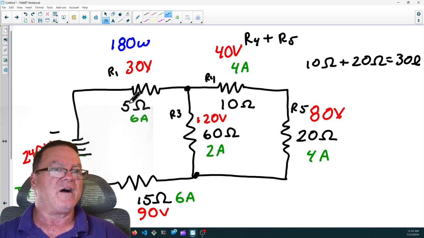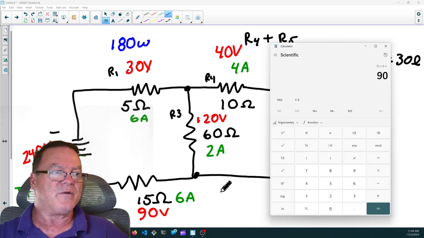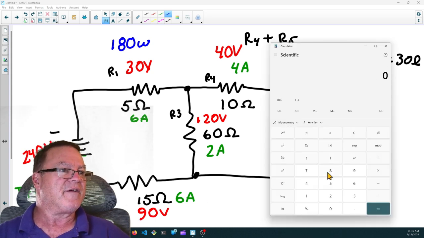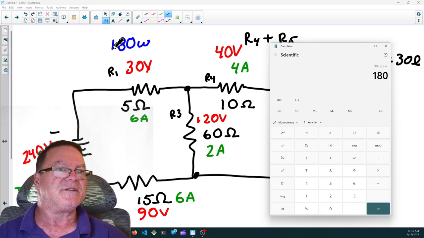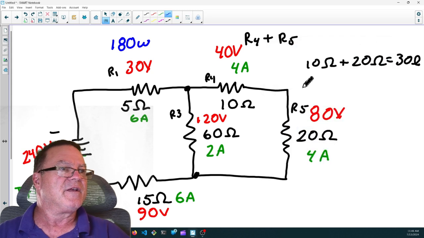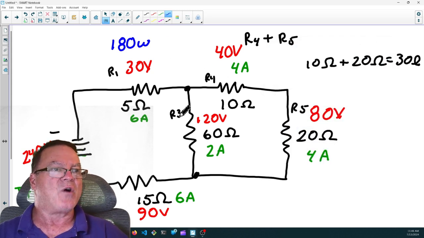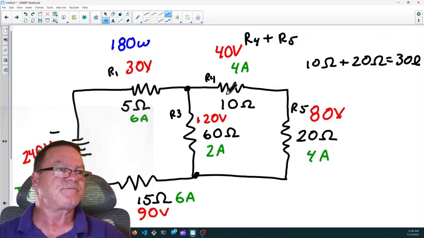I could say 30 squared, which is 900, divided by 5. Let's see if 900 divided by 5 gives us 180. It does. So any one of those three will give us the same wattage because all three of them work.